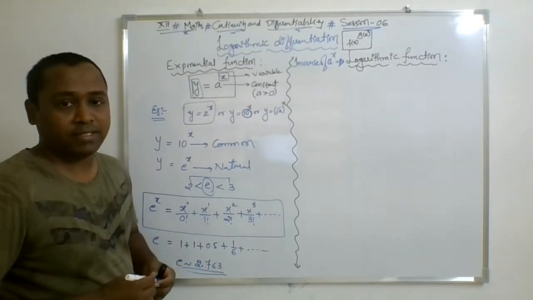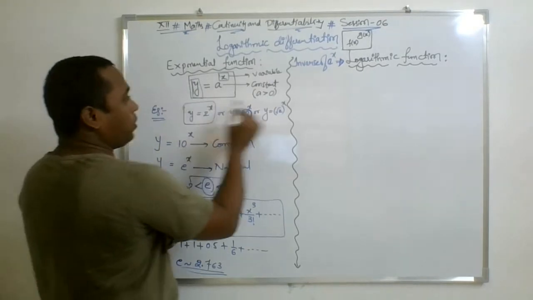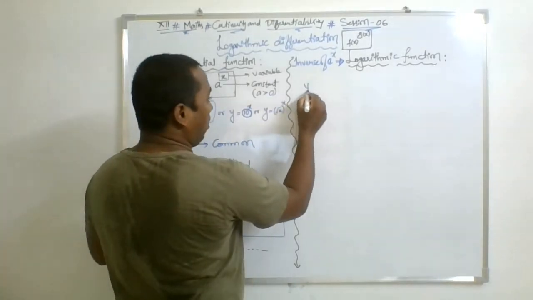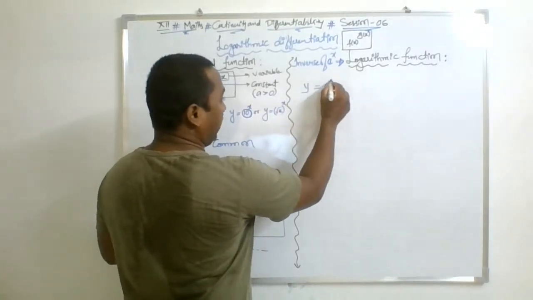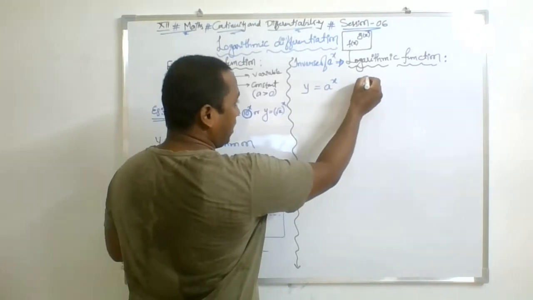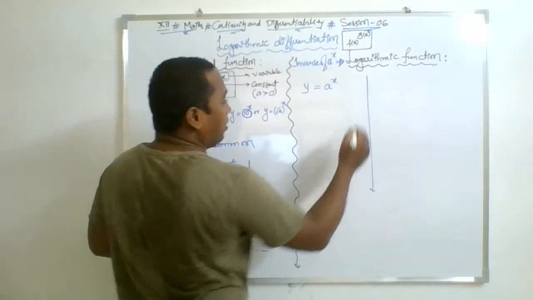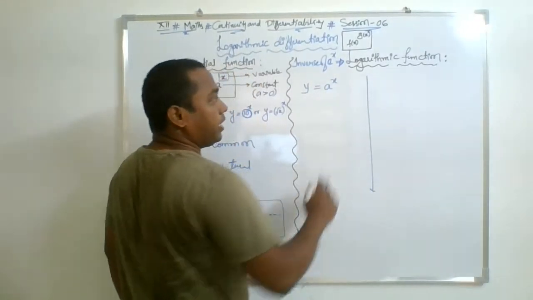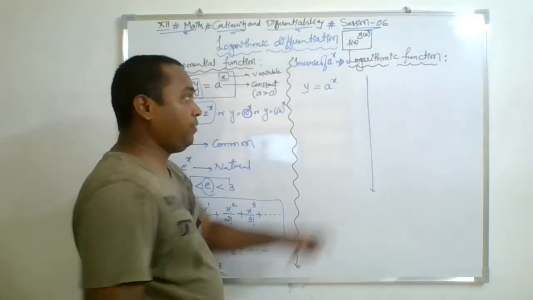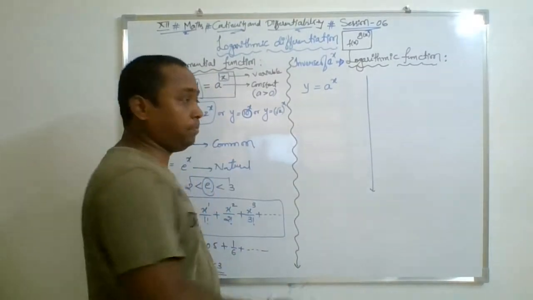How are we expressing this? If the exponential function is in the form y equal to a to the power of x, then we can write x in terms of y with the help of logarithm.